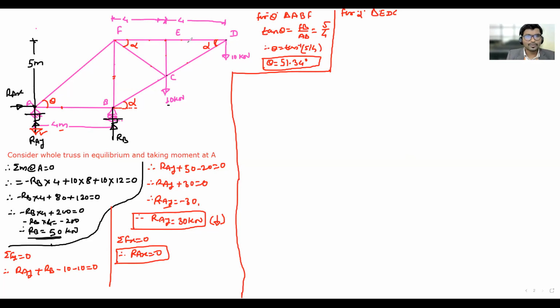ED we are knowing. CD also? How come? How much is CD? So we have to go for a triangle BDF. Go for a triangle BDF. It will be a simpler one.